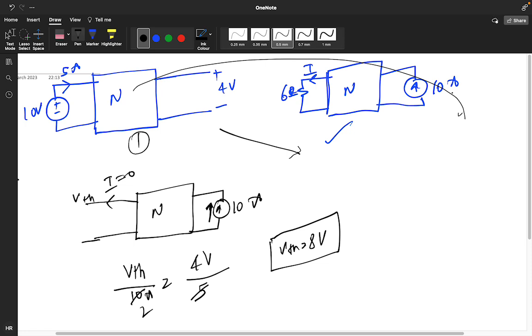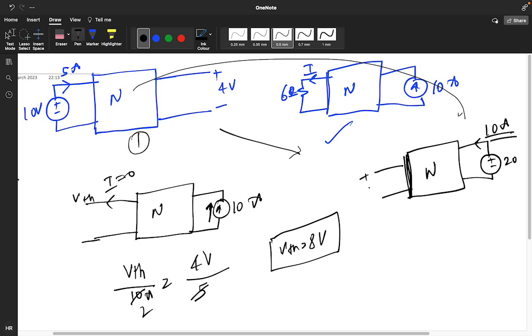If you multiply it by 2 and change the position, what will you get? This will be positive negative 20, 20, and this will be 10 ampere. And what will it become? Positive negative 8. So this particular network can be made like this also.